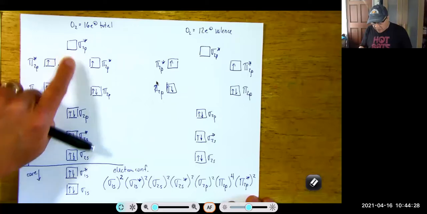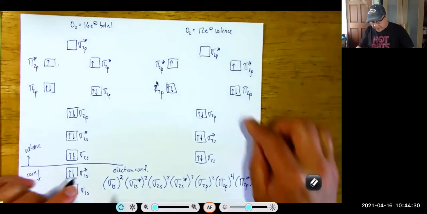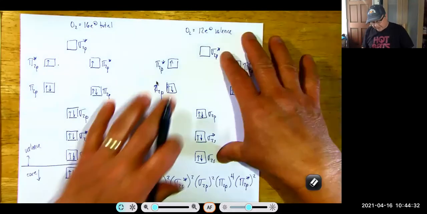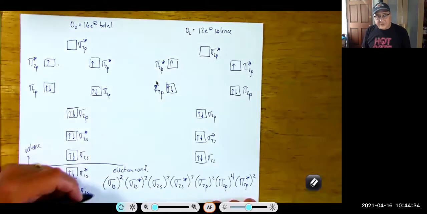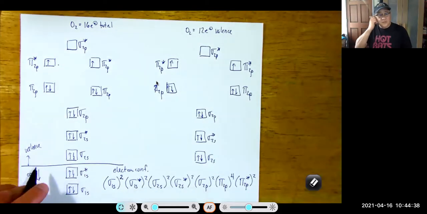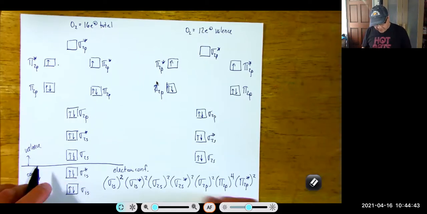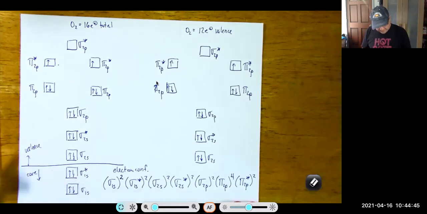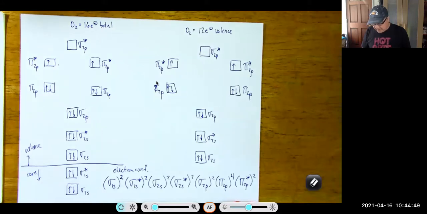Okay, so now what would we do for this electron configuration on the right? And the answer is for this one on the right, we would have to subtract these 4 electrons. So basically, this would be, let me think about this now.